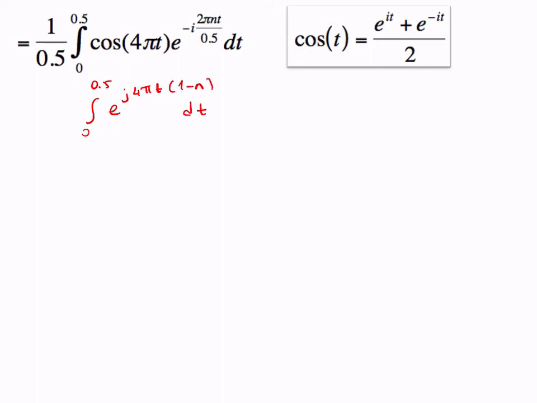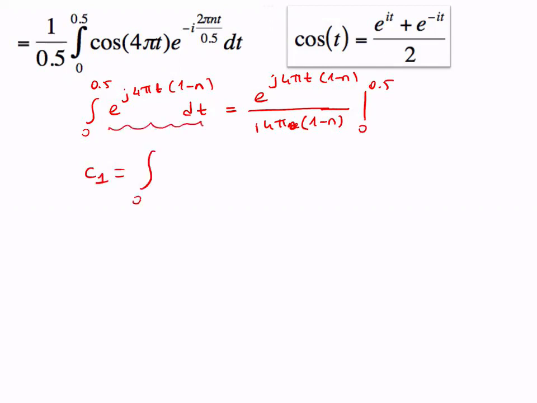Okay, this was my original expression. It comes like that: e to the power j 4 pi t 1 minus n, divided by j 4 pi 1 minus n, and it is going from 0 to 0.5.